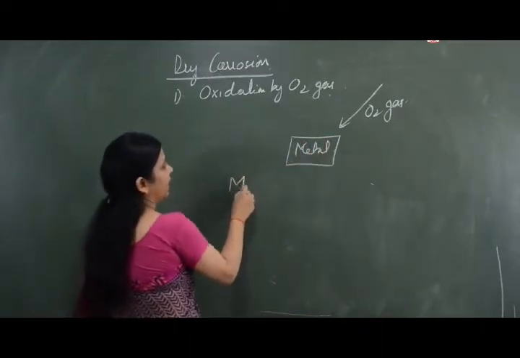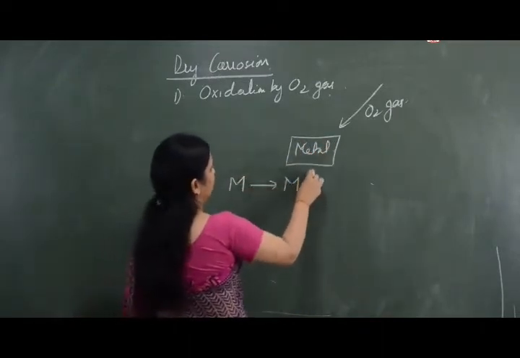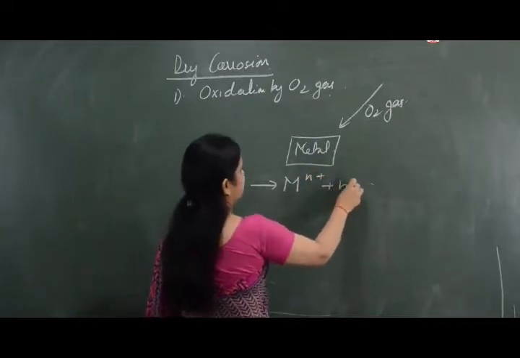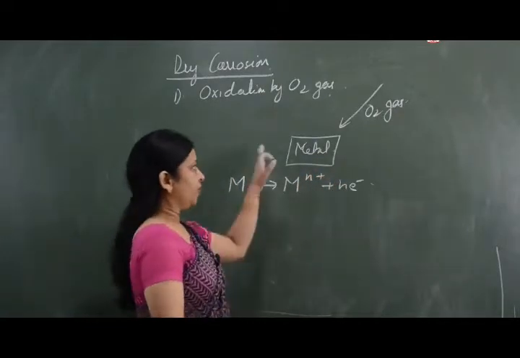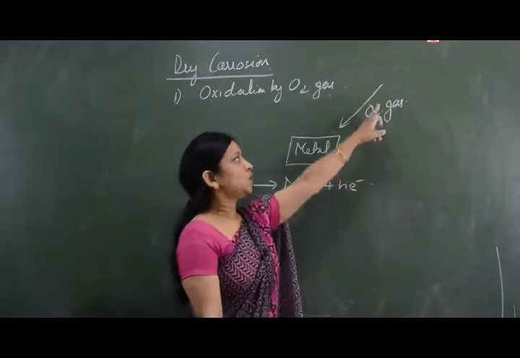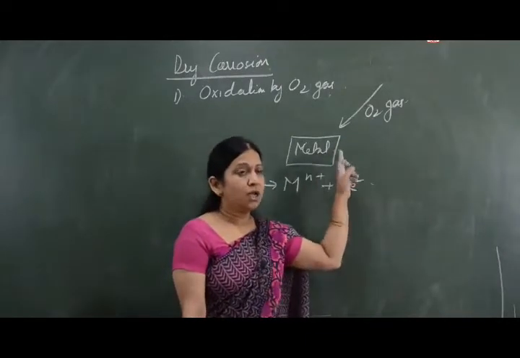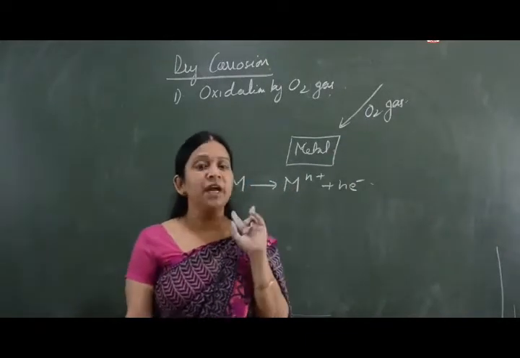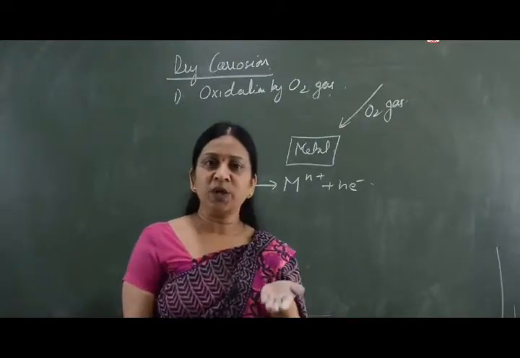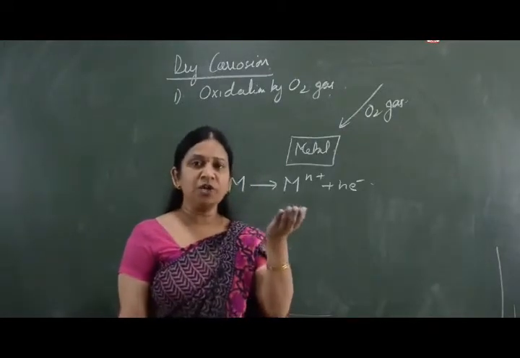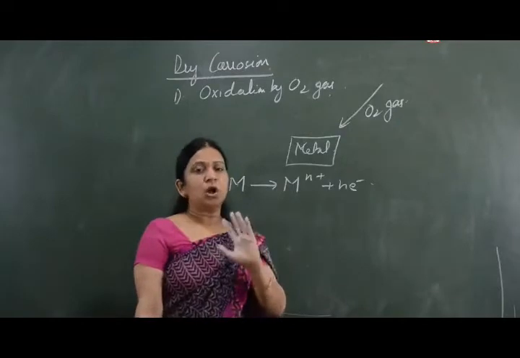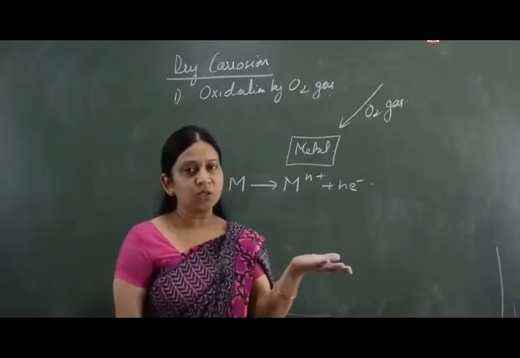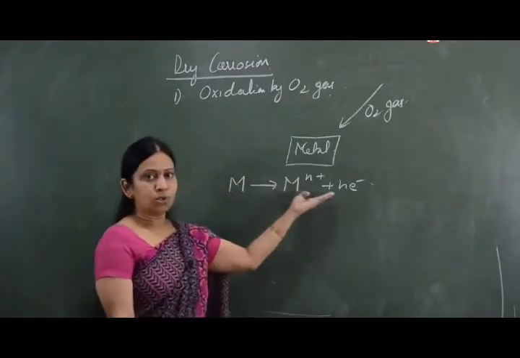So when the metal undergoes oxidation, we get ions. I repeat, we have a metal on which oxygen gas is adsorbed by physical adsorption. Then we increase the temperature, the physical adsorption is converted into chemisorption and the metal undergoes oxidation.